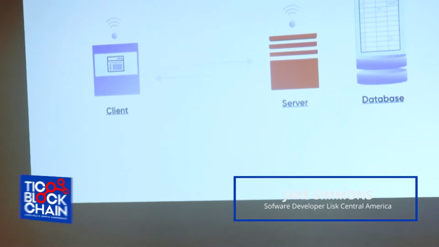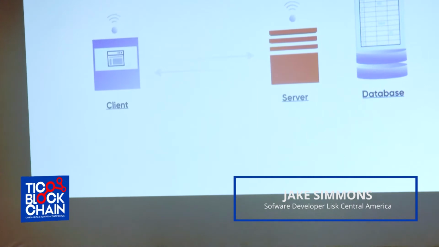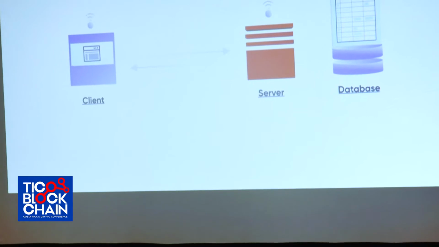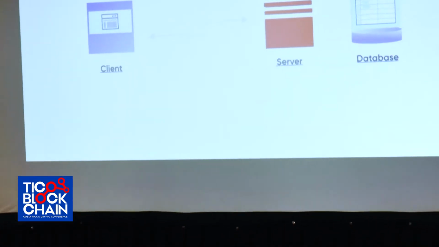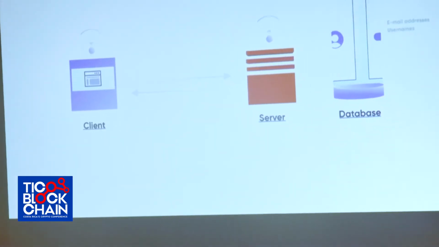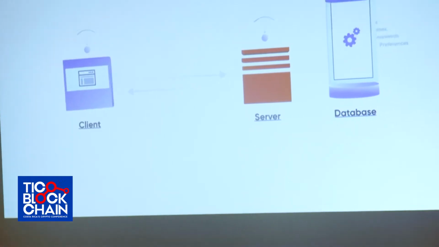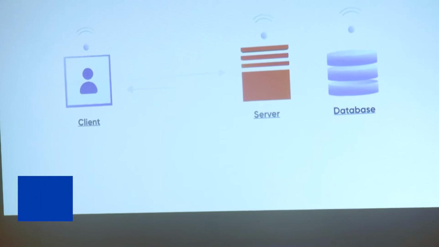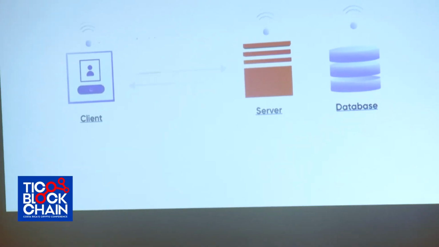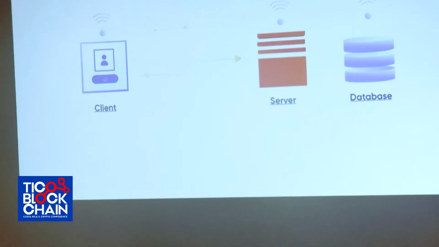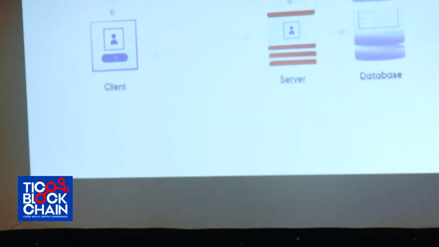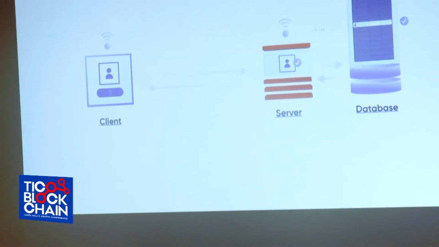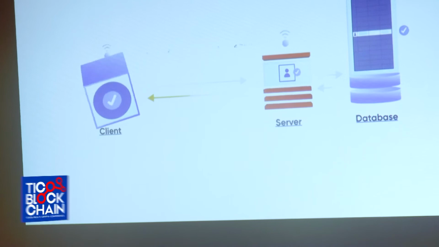A database is a collection of information that is organized so that it can be easily accessed, managed, and updated. You can imagine it as a big Excel file that contains all sorts of information, such as email addresses, usernames, passwords, and preference settings. Each time a client wants to read or write data into a database, for example, to log into an account, the client sends a specific request to the server. The server will retrieve the required data from the database, compare it to the request, process, and then respond to it, in this example, with a successful login.